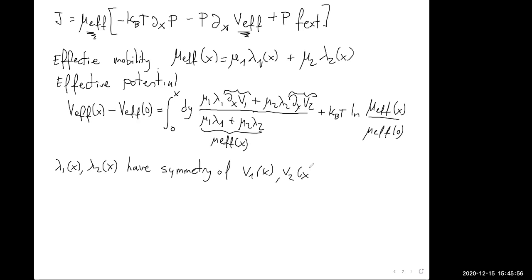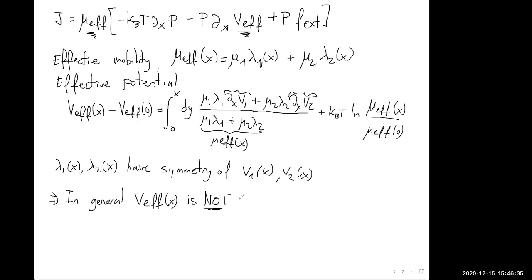What is very important is that if the potentials are the same, you will have this sum and this will become partial x of V. So here you will have a periodic potential. But in general, this potential is not periodic. So what is important from this equation is that in general, V effective of x, the effective potential, is not periodic.